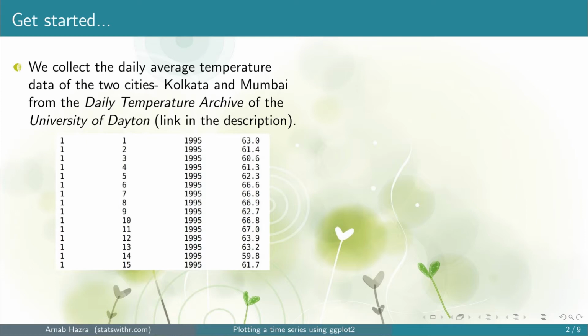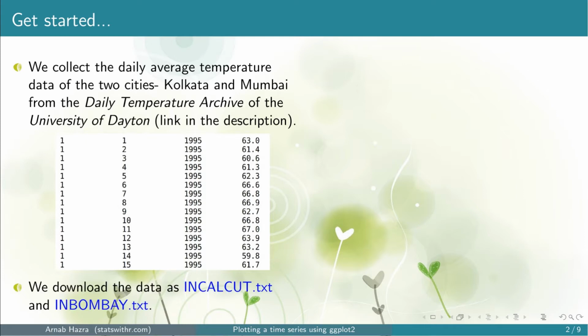And the fourth column represents the daily average temperature values in Fahrenheit. The data are available in the .txt format. So we download the data for Kolkata as in calcut.txt and the data for Mumbai as in bombay.txt.